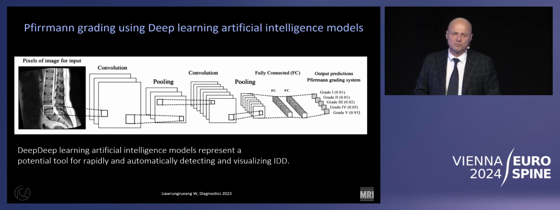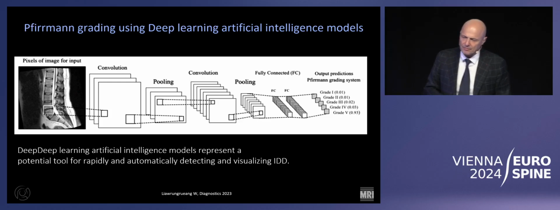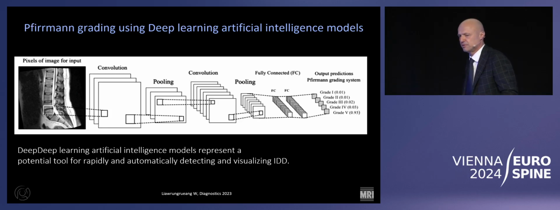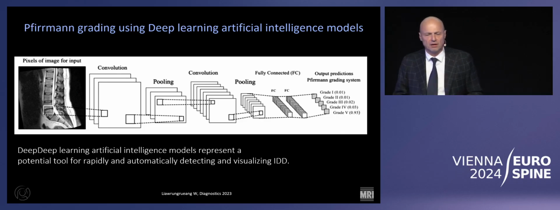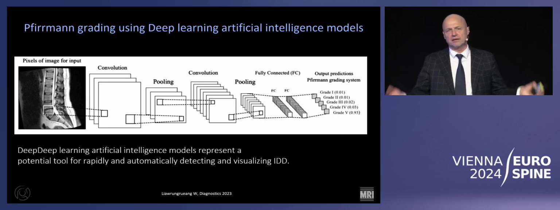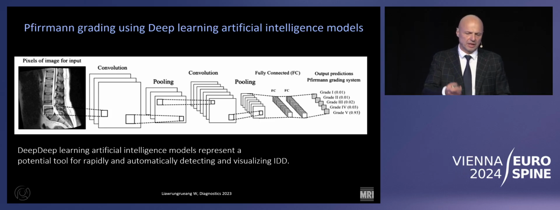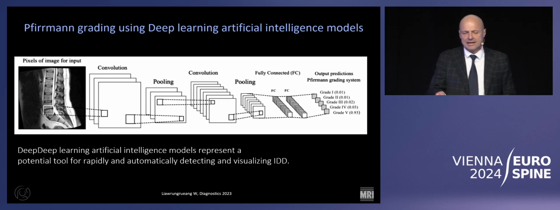Coming back to the Pfirrmann grading. The Pfirrmann grading is a visual grading. And that's a task which is a very good use case for artificial intelligence. With artificial intelligence and deep learning, you can look at different structure and promote automatic grading. There are a number of papers having demonstrated that it is really easy.